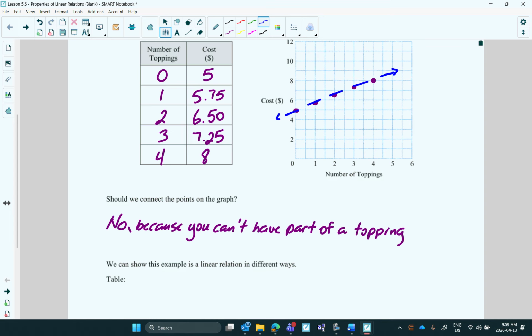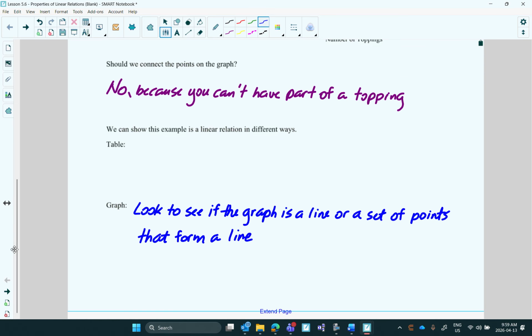And every time I go up by one topping, how much am I going up by in cost? 75 cents, right? Okay. So if you're going up by the same amount in one column and going up by another same amount in the other column, it's linear. It doesn't have to be the same amount as the previous column. Okay? So that's how we can tell if just a table is a linear relation or not.